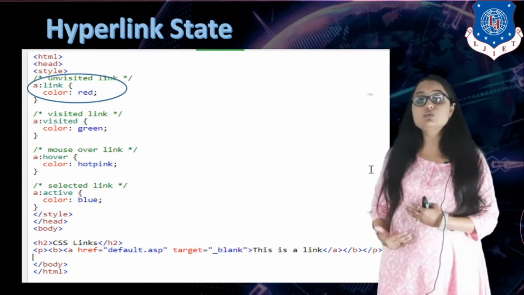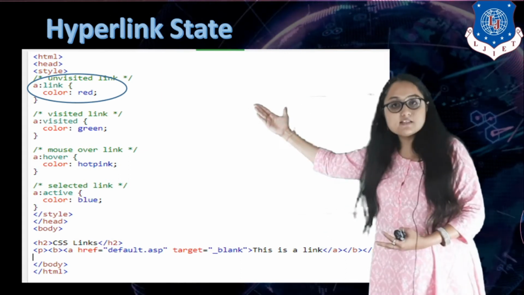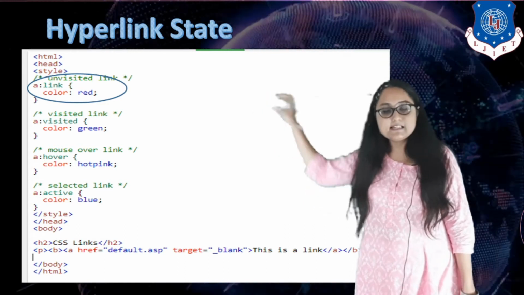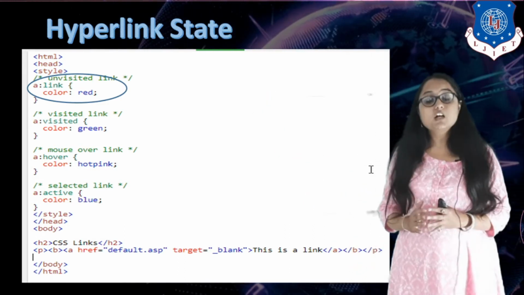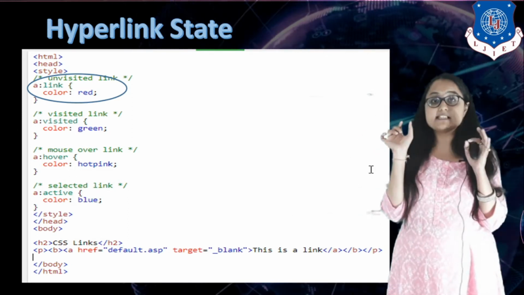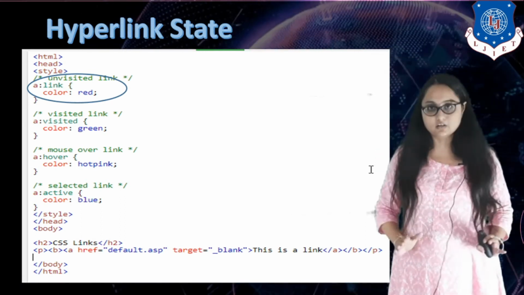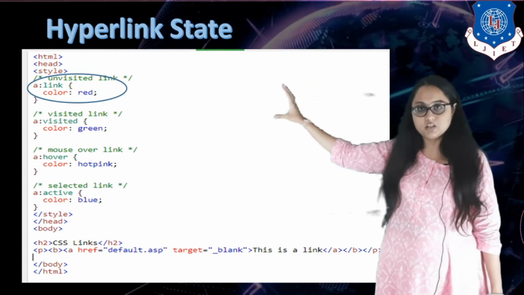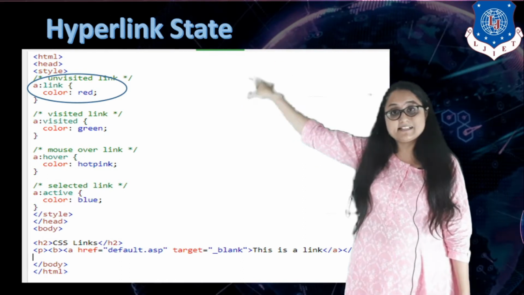If you want to specify a particular style attached to this pseudo class, you have to write a:link, and inside this I have written color red. It means whenever my page is getting loaded and I am able to see this unvisited link the first time, the link should be in red color. That is what I want. This is for specifying the styling for this particular pseudo class, that is an unvisited link.